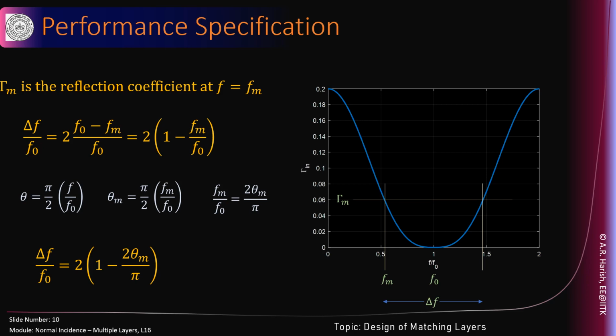So given the value of delta f by f naught, I can calculate the value of theta m. Very useful result. Gamma m is specified, so we will remember that. And of course, given delta f by f naught, we can calculate theta m, or switch things around. That's no big deal.